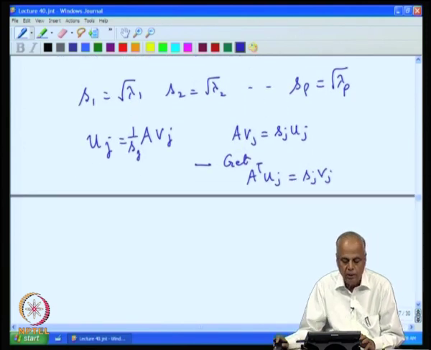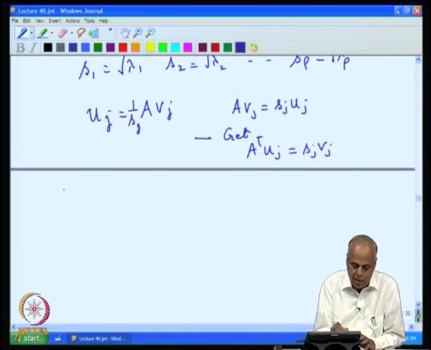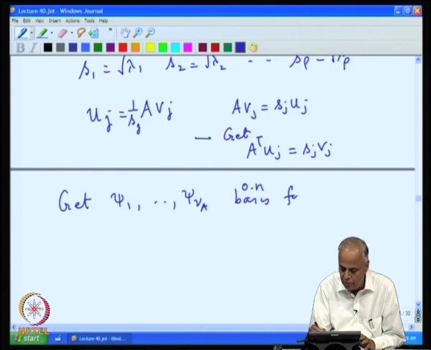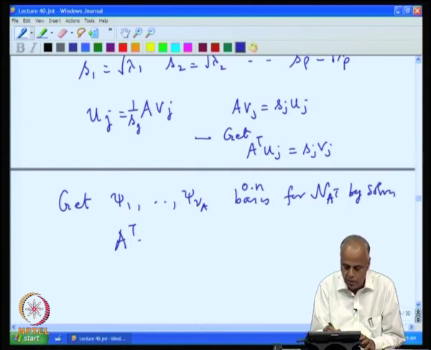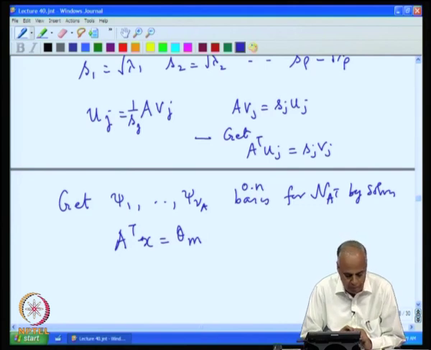And so we got the u's, the v's, the phi's, the lambdas, and finally we get psi 1, psi 2, ..., psi nu A transpose, an orthonormal basis for the null space of A transpose, by solving A transpose x equal to theta, and this can be done by elementary row operations.